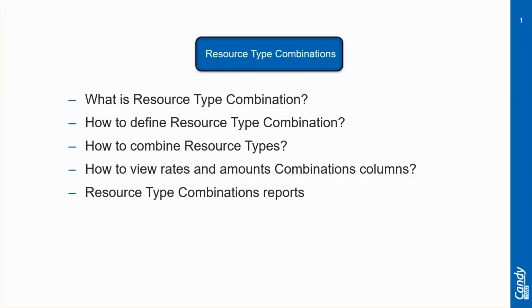After defining them, we will look at the actual combinations and how to combine resource types. We will look at how to customize documents to view rates and amounts in the combinations, which will be our fourth topic. And we will finish off with some reporting.